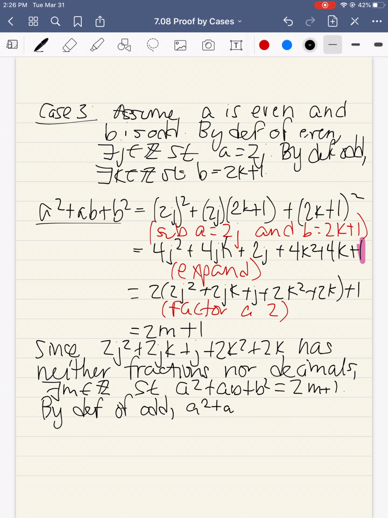So a squared plus ab plus b squared is odd. Okay, so that is our last case to show.